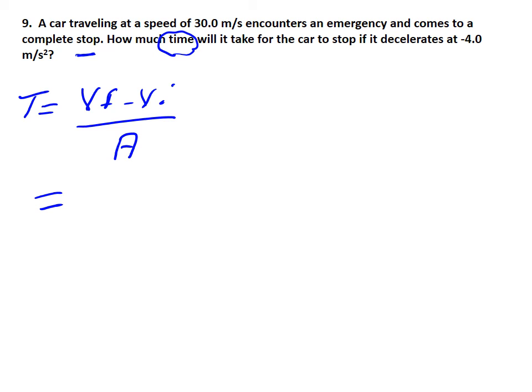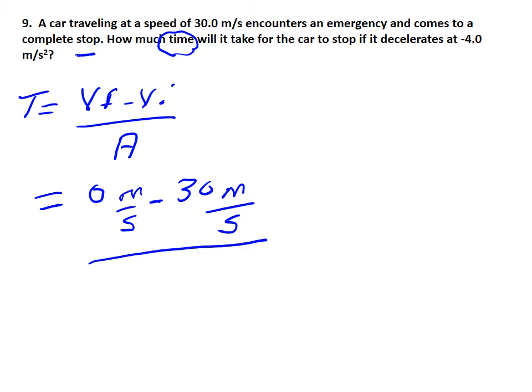So final velocity is the last recorded speed. So it says it's starting at 30 meters per second, but it stops. So that would be 0 meters per second minus the first, which is 30 meters per second. Because when you come to a complete stop, you're going 0, divided by the acceleration, which happens to be minus 4.0 meters per second squared.